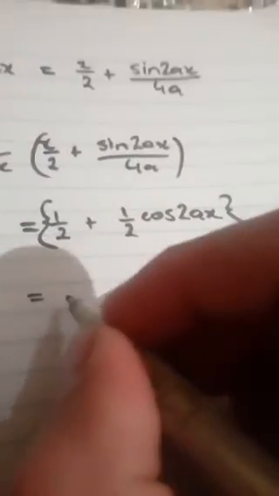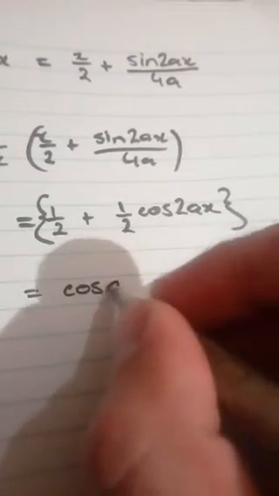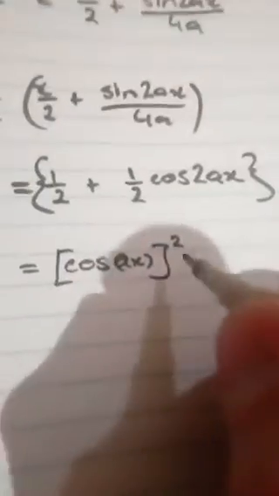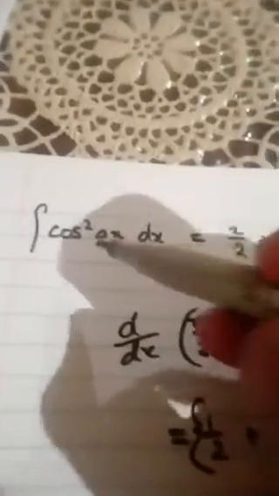Now, what is this, if anyone remembers high school trigonometry? That equals cos of ax squared, which equals cos squared ax. And there it is. So what we did was we integrated it and got that, and then we went backwards, we derived it, and we got that.